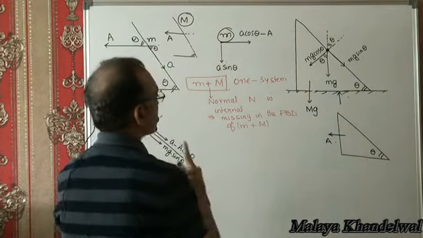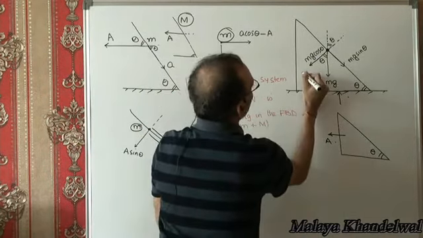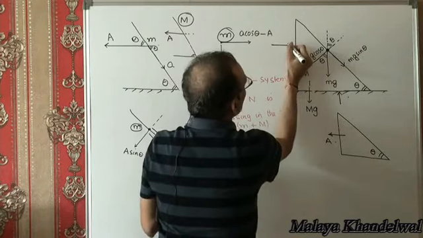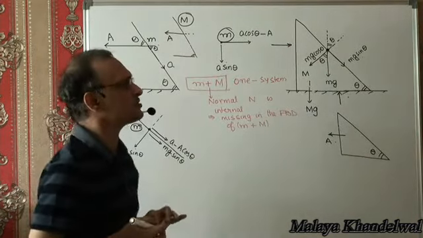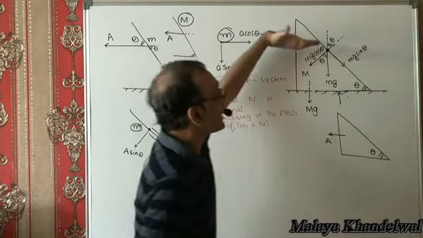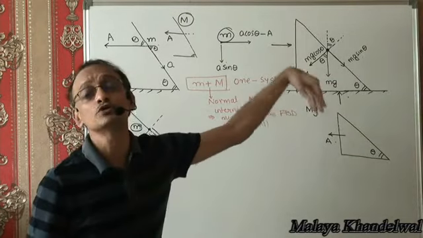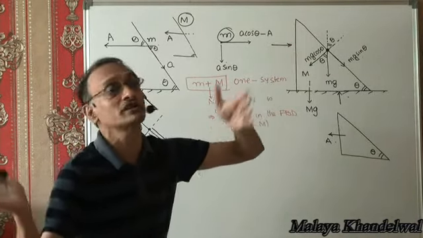When I apply generalized second law to it, realize on a system comprising small m and capital M, there is no net horizontal force, which means mass small m into acceleration of small m in the horizontal direction plus mass capital M into acceleration of capital M in the horizontal direction must be 0.